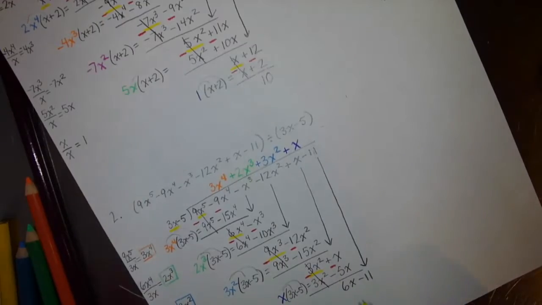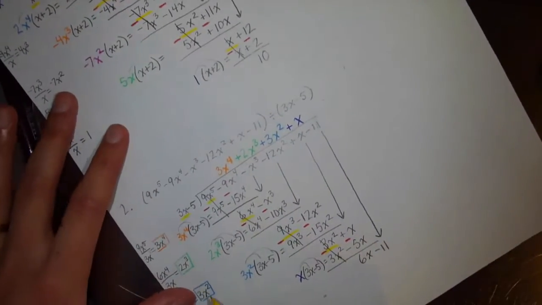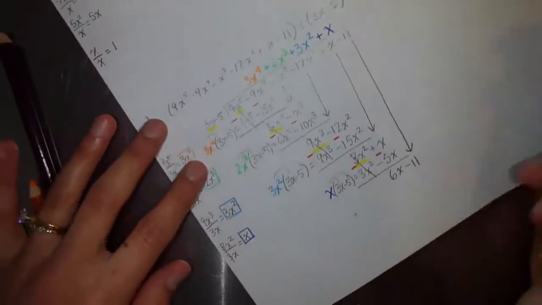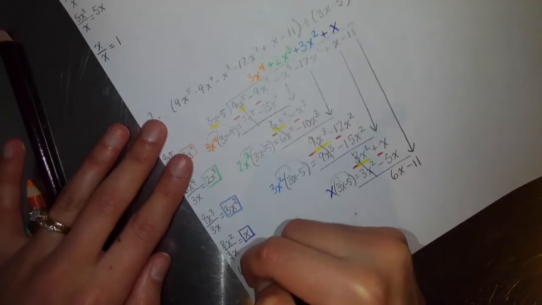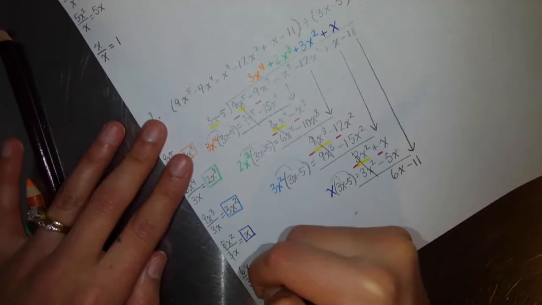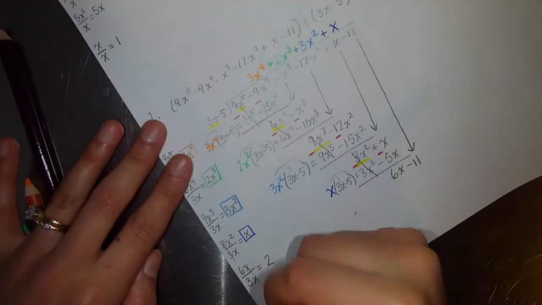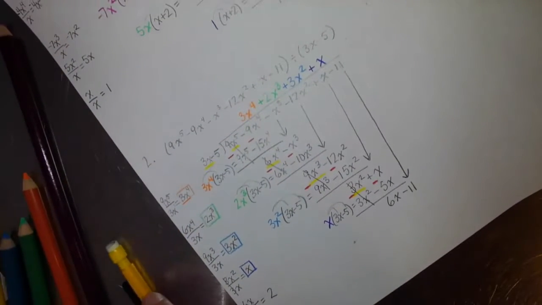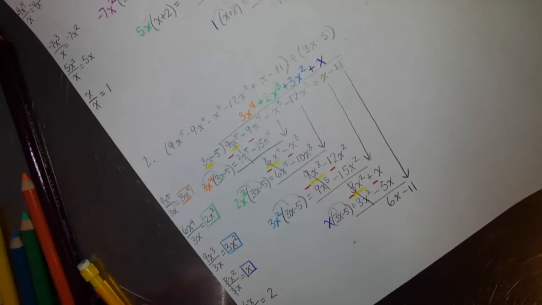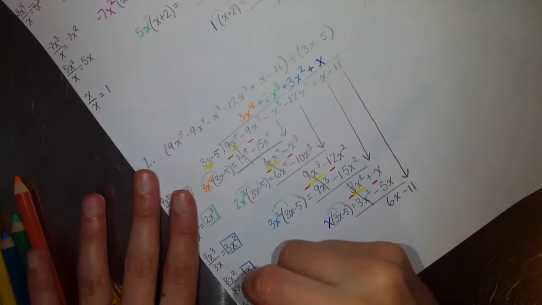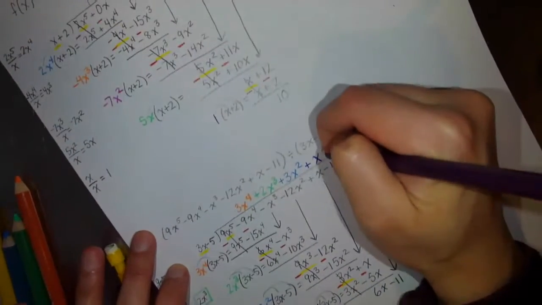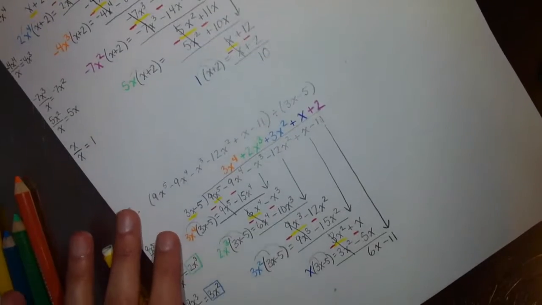Okay, so 6x, we can still divide that by 3x. Three goes into 6 2 times, and the x's cancel. So here is my last term of 2. Plus 2, so positive 2.